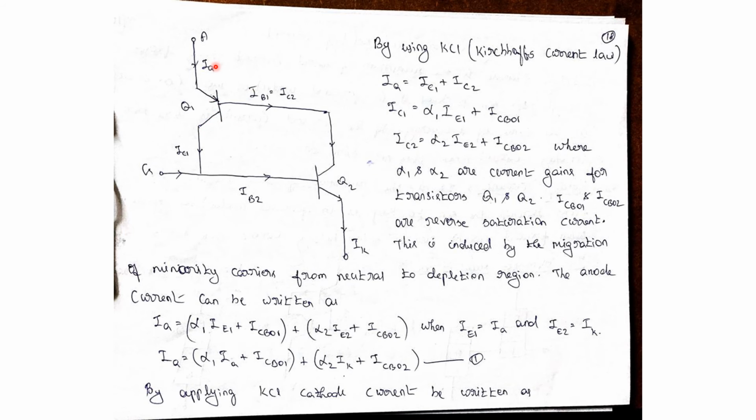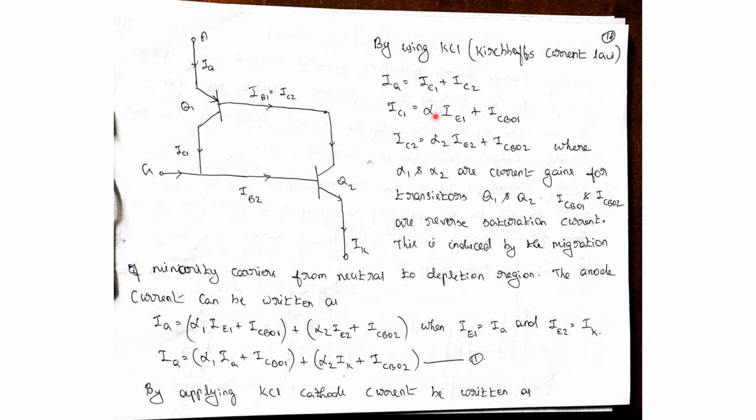So IC1 is alpha 1 IE1 plus ICBO1. ICBO1 means reverse saturation current. Then IC2 can be written as alpha 2 IE2 plus ICBO2.